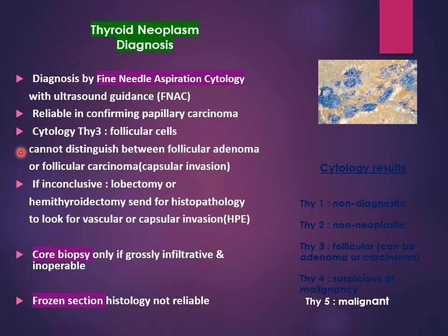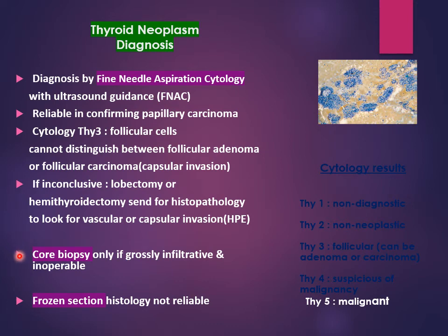The criterion for diagnosis of follicular carcinoma is capsular invasion, which is not possible in cytology examination. If inconclusive, a lobectomy or hemithyroidectomy should be done and sent for histopathology to look for vascular or capsular invasion.